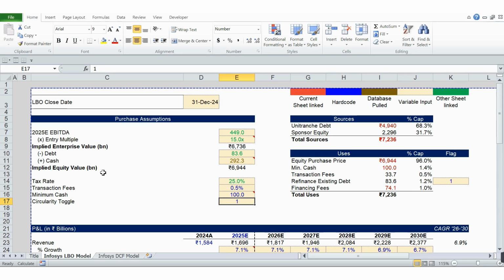This happens because we are calculating interest as the average of the opening balance and the ending balance. Now in the ending balance, we are also subtracting the principal that is being amortized. But that is again dependent upon the interest that we are paying. So it's a complete circle.